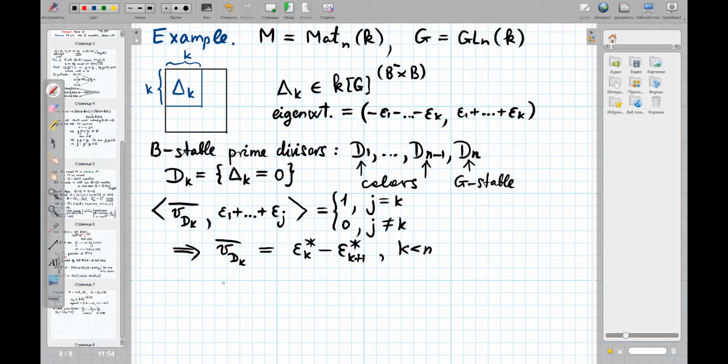And v sub Dn bar is just epsilon n star, where these epsilon i star are exactly the vectors in the dual basis of epsilon 1, ..., epsilon n. So epsilon 1, ..., epsilon n form the basis of the weight lattice, and epsilon i star form the basis in the dual vector space in which these vectors sit.